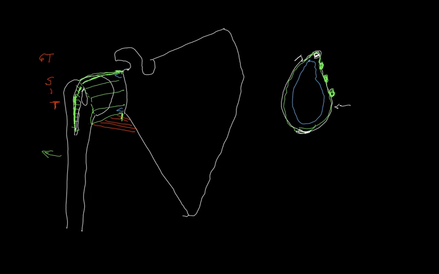Then on the medial lip of the bicipital groove is the teres major. You would remember that there is the pectoralis major on the lateral lip.